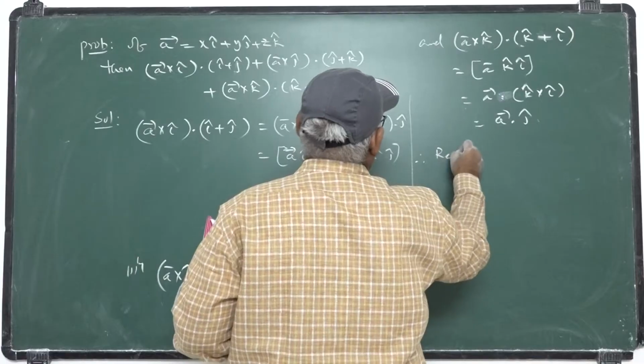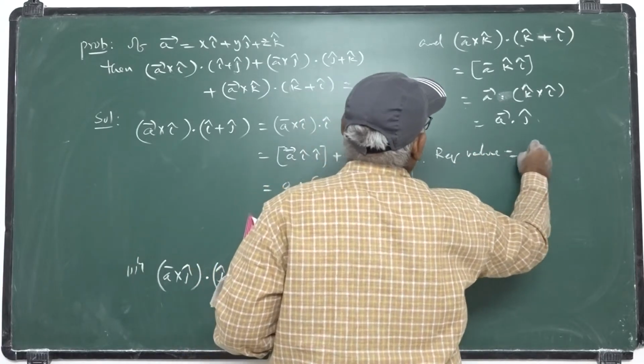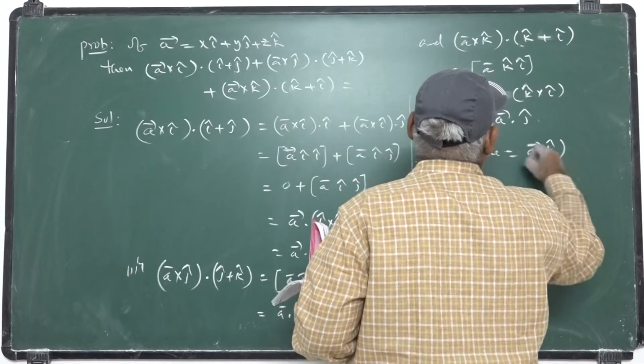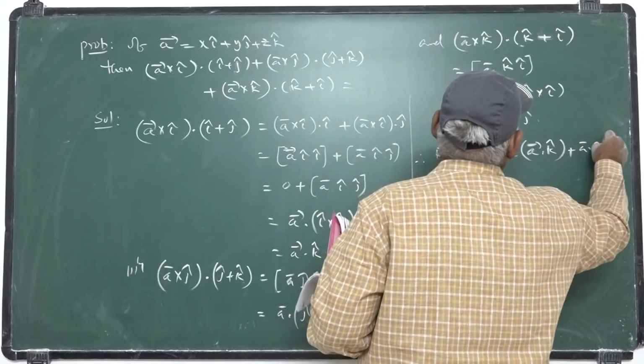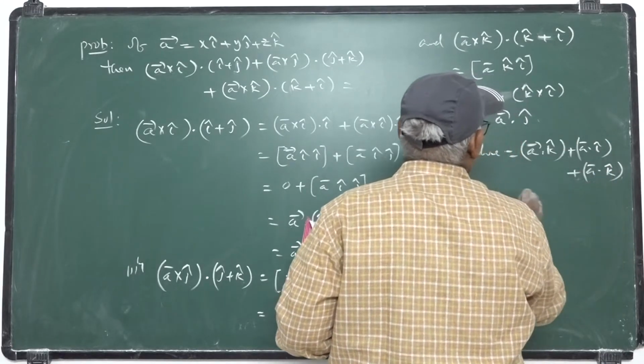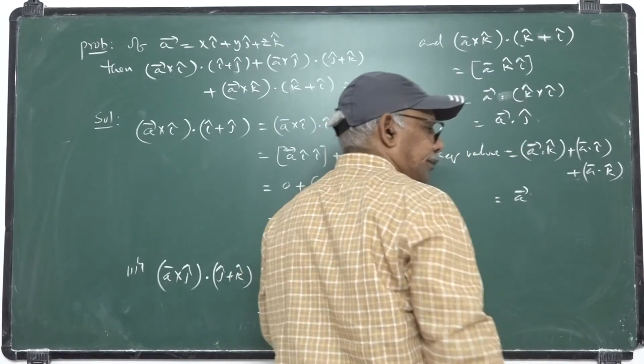So, the required value is A bar dot k, A bar dot I, A bar dot j, which is nothing but A bar itself.